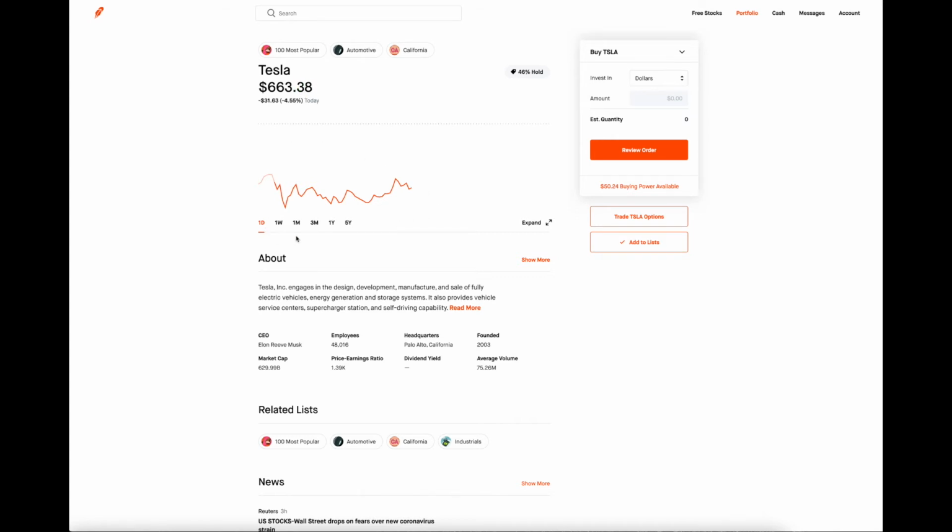This chart will give you the 1 day, 1 week, 1 month, 3 months, 5 years, and 1 year breakdown of activity on what's going on with this particular stock. So if we look at the 1 year activity, we can see that Tesla over the past year has really increased. And this chart does take into consideration any kind of stock split.